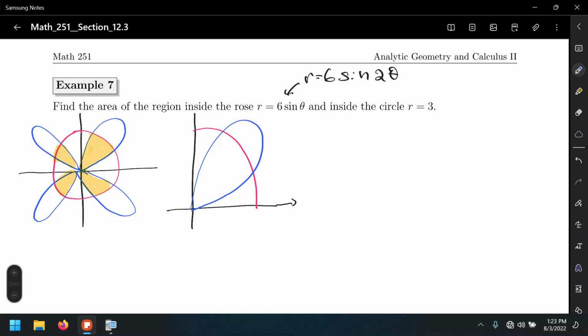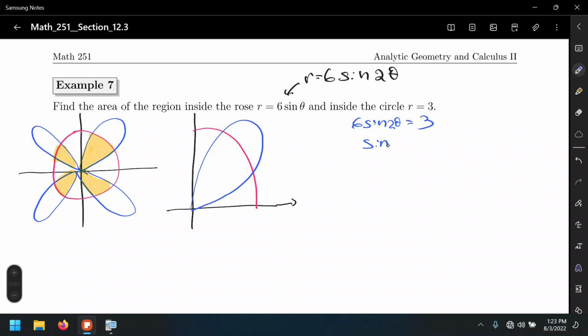To do that, we set 6 sin 2θ = 3. We set the two equations equal to each other: r = r, r1 = r2, depending on the notation. It's 2θ, by the way, not θ.